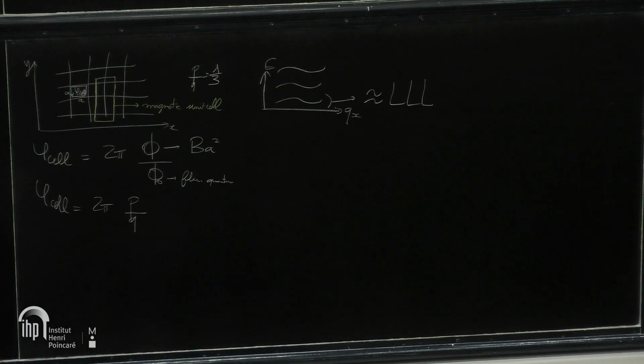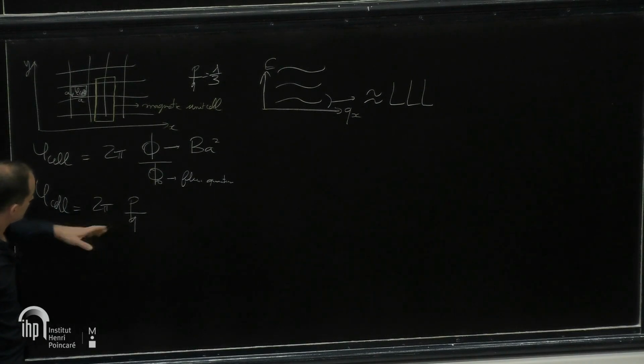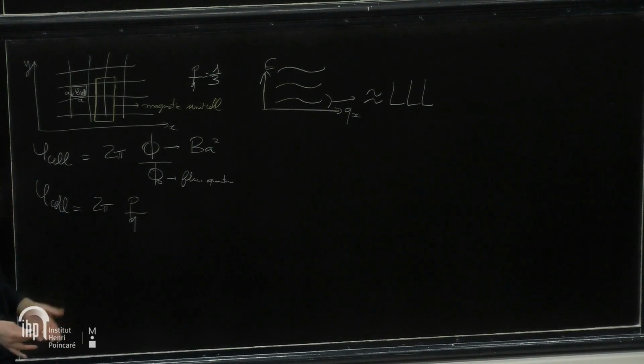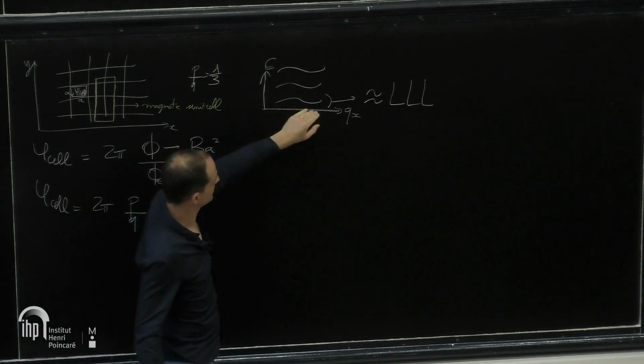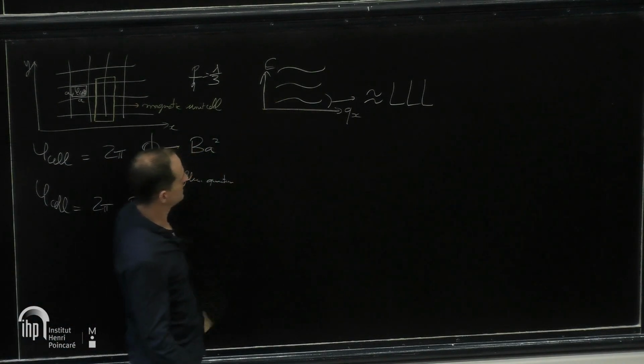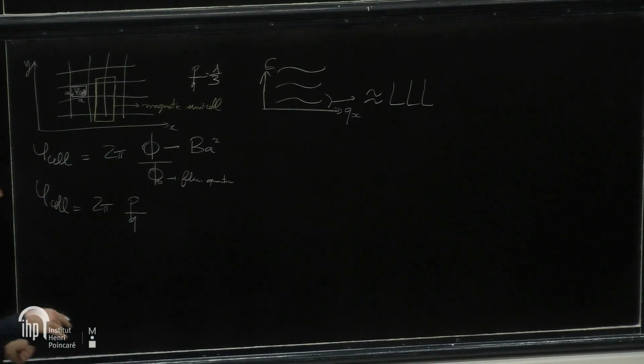It becomes very close in all properties to the lowest Landau level when p over q tends to a very small value, 1 over q with large values of q, because then the lattice discretization is irrelevant. But in the most generic case, what we lose is that the lowest band is no longer degenerate, but still it has the same topological properties.